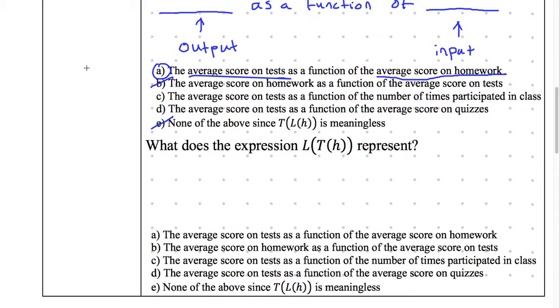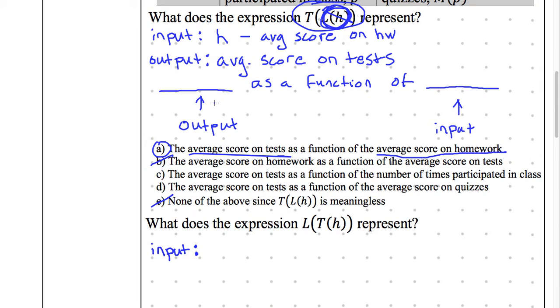All right, our input here is still H. We're starting with H. It's the same input, so it's average score on homework. To find what our output is, we just walk through the steps.